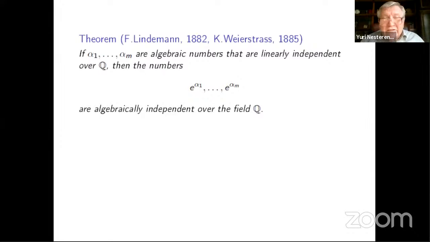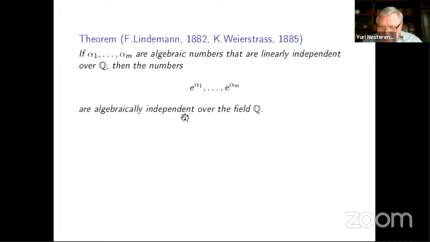I start maybe from the first result about algebraic independence of numbers. These are values of the exponential function. If alpha 1, ..., alpha m are algebraic numbers that are linearly independent over the rationals, then the values of the exponential function are algebraically independent over the field of rational numbers.